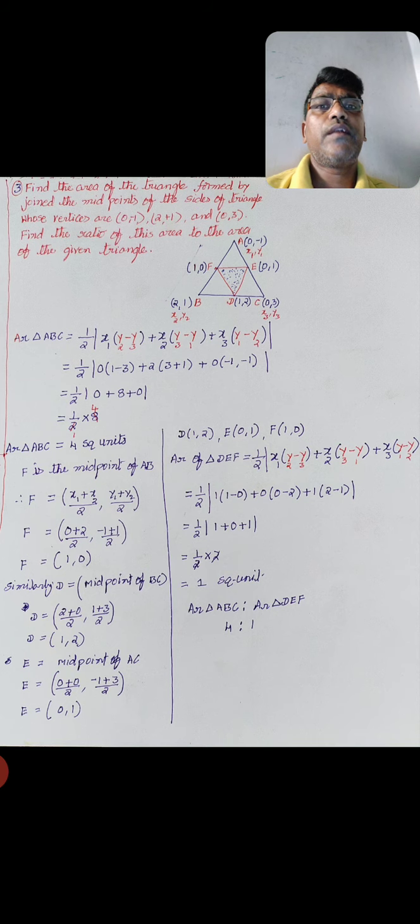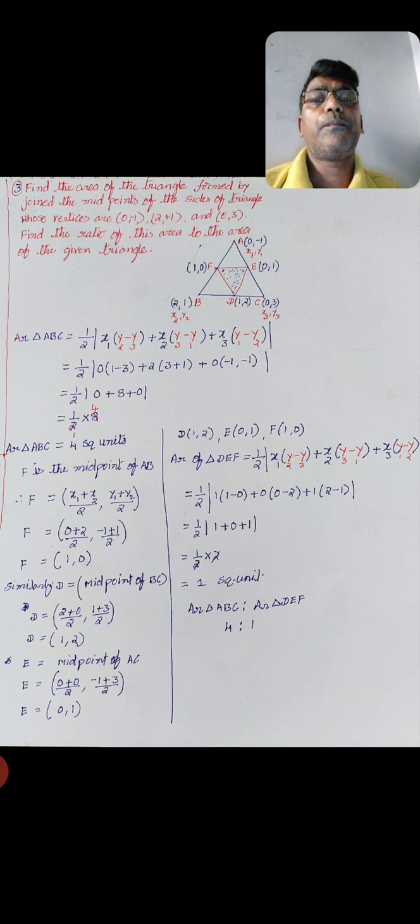Clear to you? But we want to find the ratio with the triangle made by the midpoints of these line segments. So one more triangle is to be found. I have shaded it here. The vertices of this triangle are the midpoints of the given line segments.